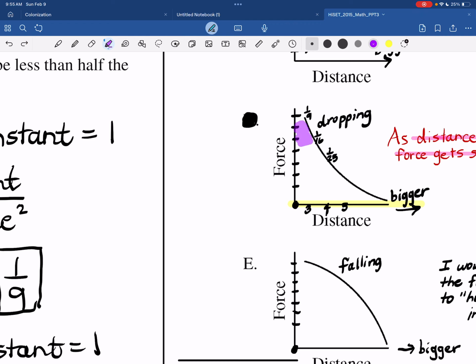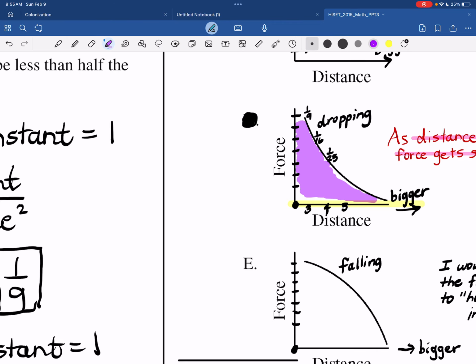As the denominator in that fraction changes, they will gradually move away from the y-axis until they're practically touching x, but they will never touch x. They will keep getting closer and closer to the x-axis, but they will not touch it. So the curve needs to be in this shape.